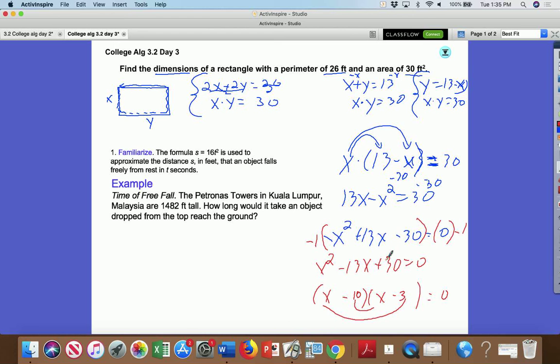So x could either be 3. So if x is 3, then y is 10. If we said x was 10, then instead of this being 3, it's 10, and instead of being 10, this is 3. In either case, the dimension's 10 by 3.